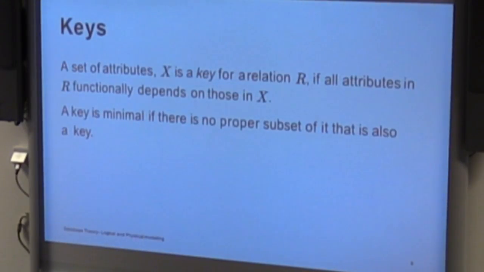The last paragraph here stating that a key is minimal if there is no proper subset of it that is also a key. Well, you can always make that key larger than it needs to be. And if you have made a discovery that it is not possible to make that key smaller, then it is minimal.